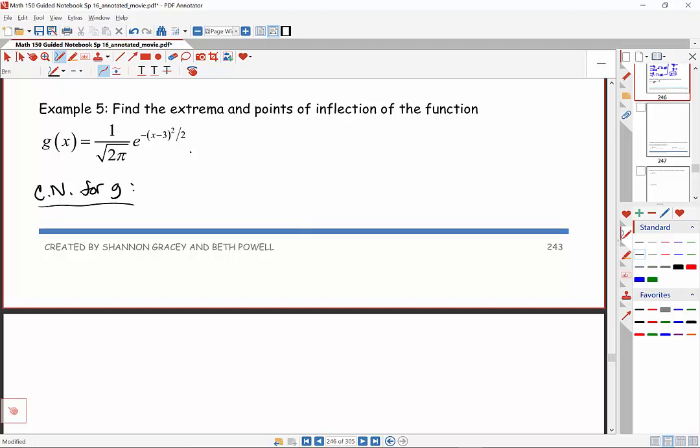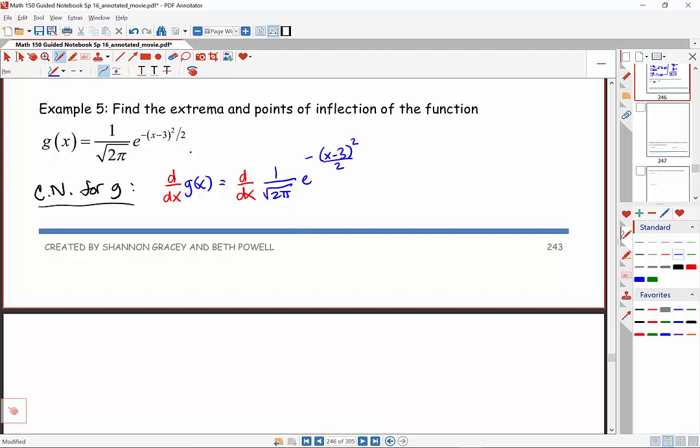So here, what we'll do is we'll have d dx of each side. So this was d dx of g of x is equal to d dx of 1 over root 2 pi times e to the negative quantity x minus 3 squared all over 2.